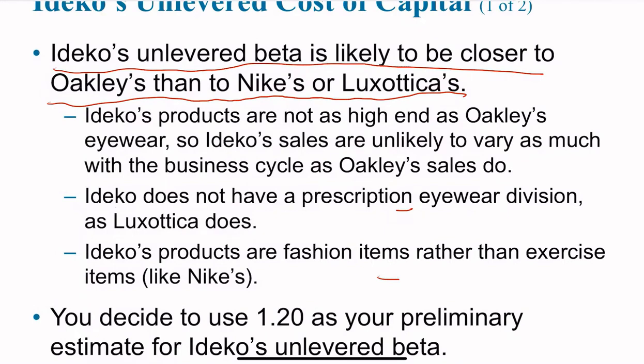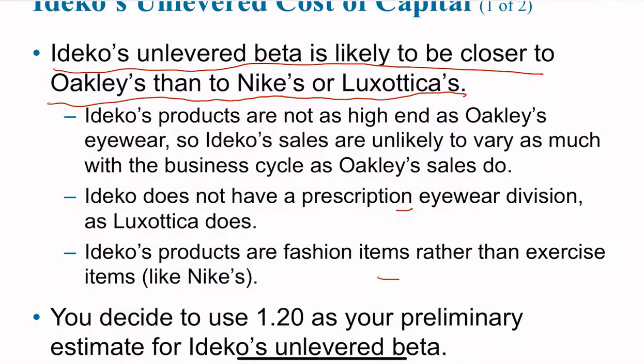And then you will compare IDACO's products with Oakley's products. And then you find out IDACO's products are not as high-end as Oakley's. So this implies that IDACO's business should have a smaller beta compared with Oakley's business.